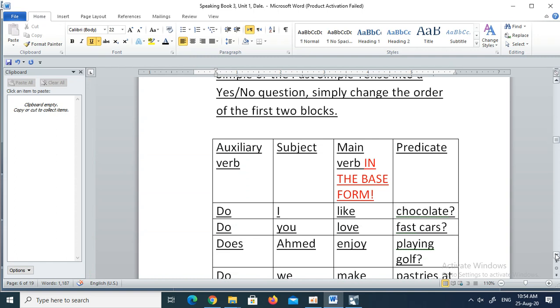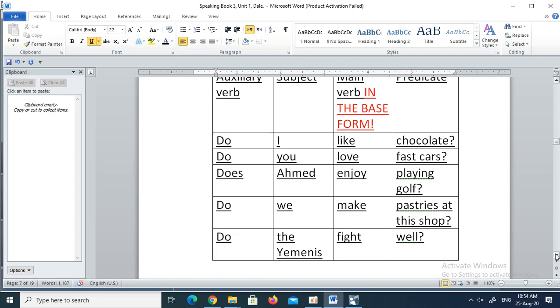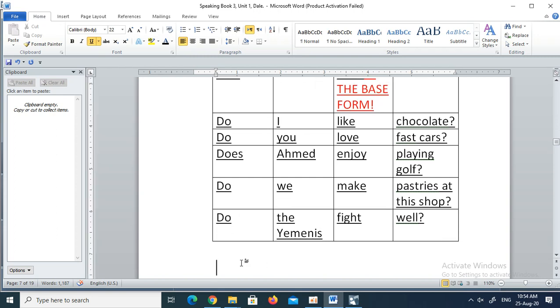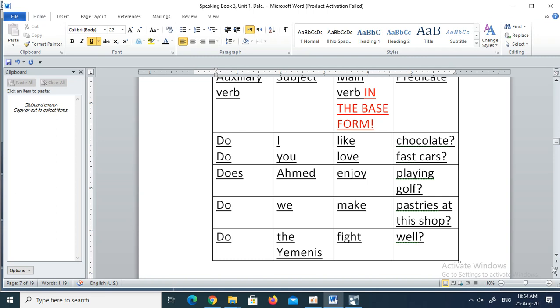Now, if you want to change the statement into a question, remember our first statement was, I do like chocolate. We changed it from a statement to a yes-no question very easily.